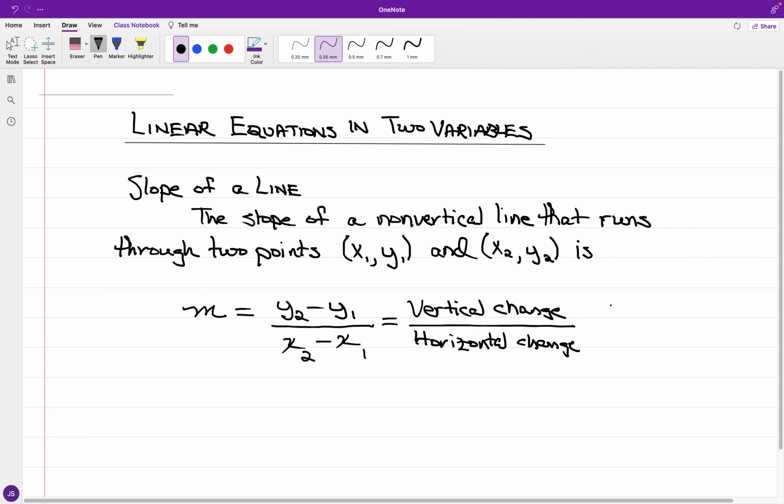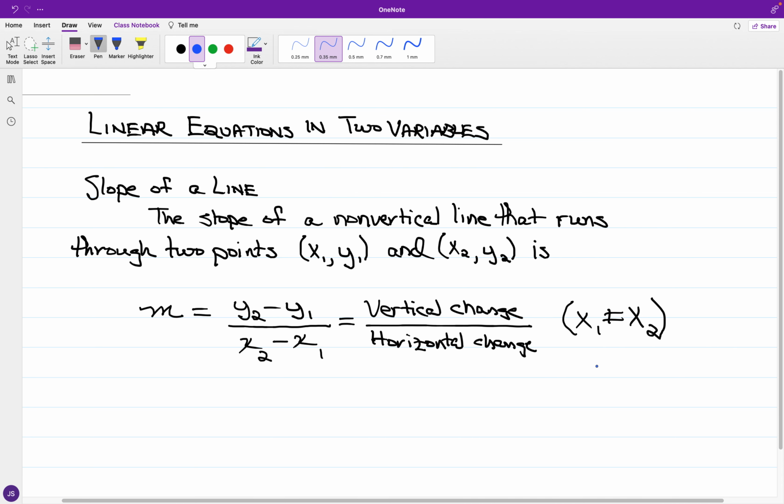And for X2 minus X1, to avoid having a zero-valued denominator, X1 and X2 cannot be equal to each other. Now, if X1 is equal to X2, then what would arise as a consequence is that the difference between same values is going to be 0.